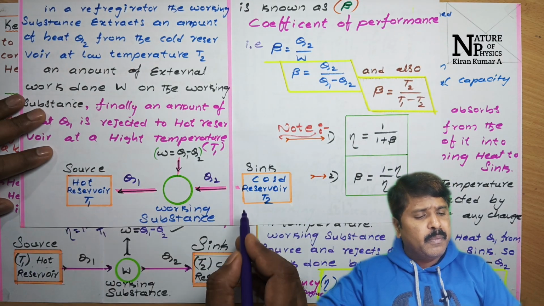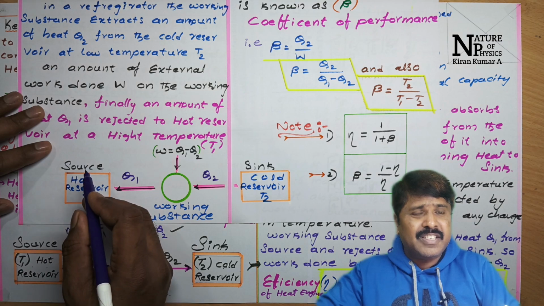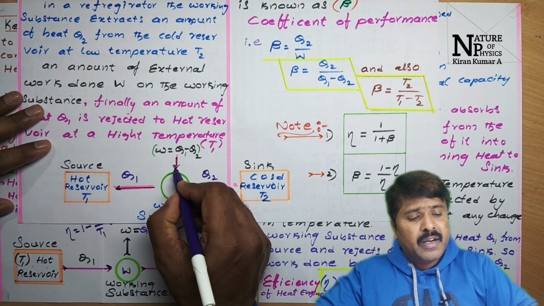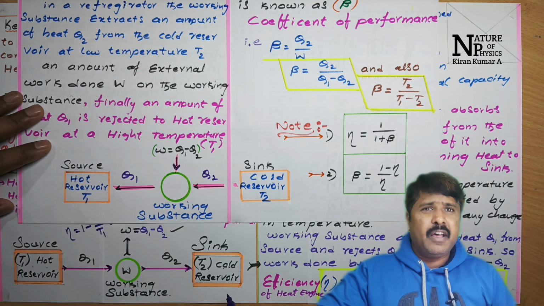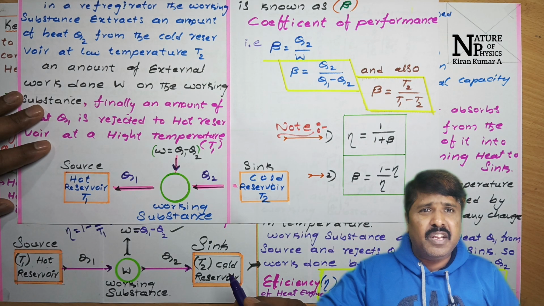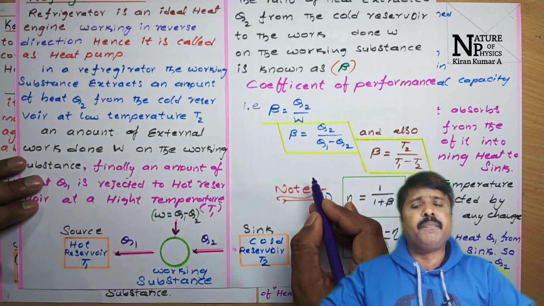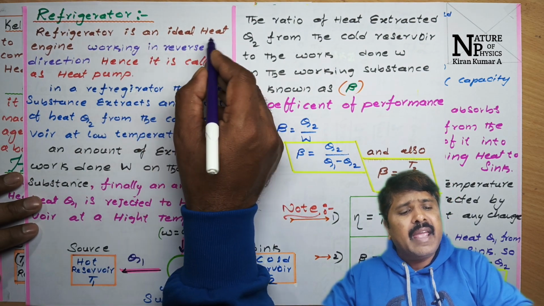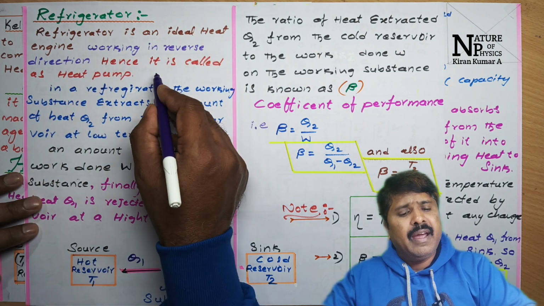Notice the arrow mark also: work done by the system, the arrow mark is up in the heat engine, but in the refrigerator work is done on the system, student. Example, electrical work is done on the refrigerator, that's why heat is flowing from the lower temperature area to the higher temperature surrounding.